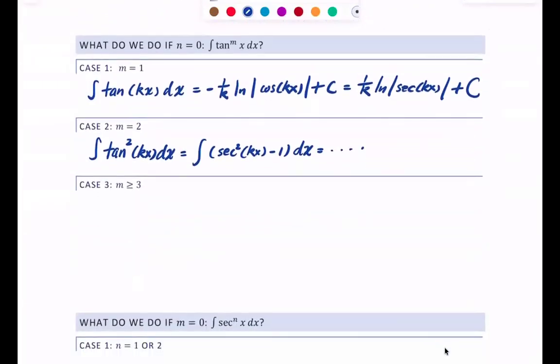All right. So what if now m is greater than or equal to 3? The strategy is almost like a recursive procedure.